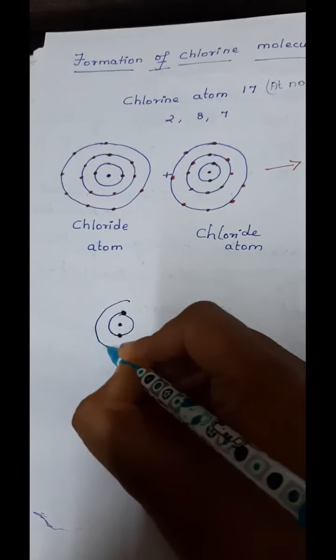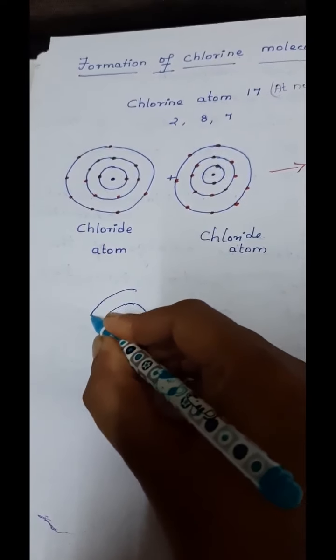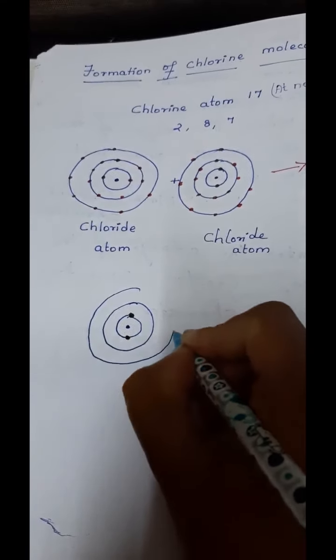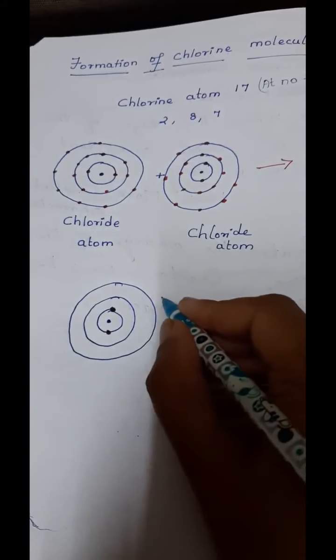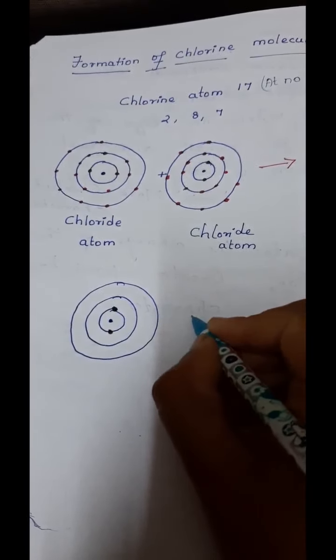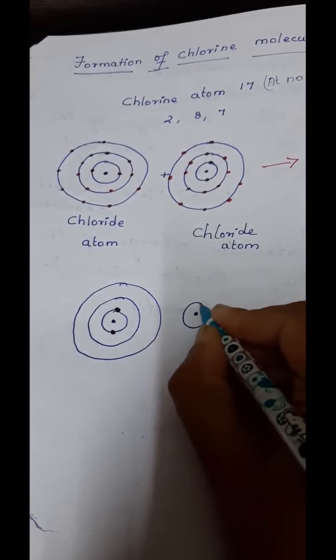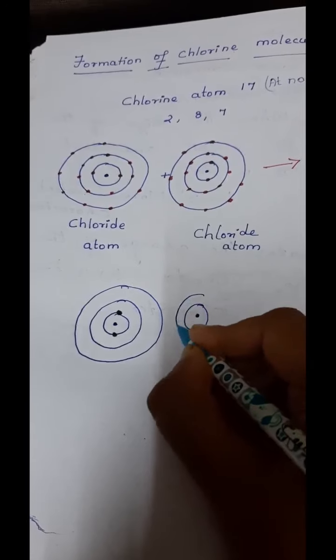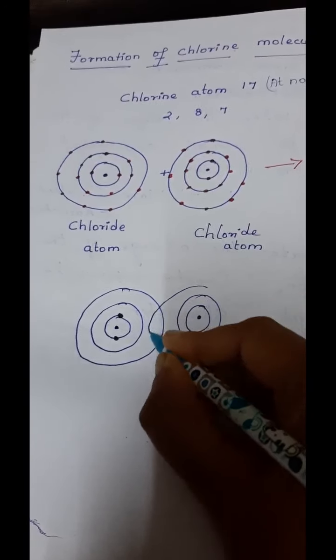Second shell will be having 8 electrons and third shell will be having 7 electrons, and it will be shared. And next you draw the next chlorine atom. First shell will be having 2 electrons, second shell 8 electrons and third shell will be shared.